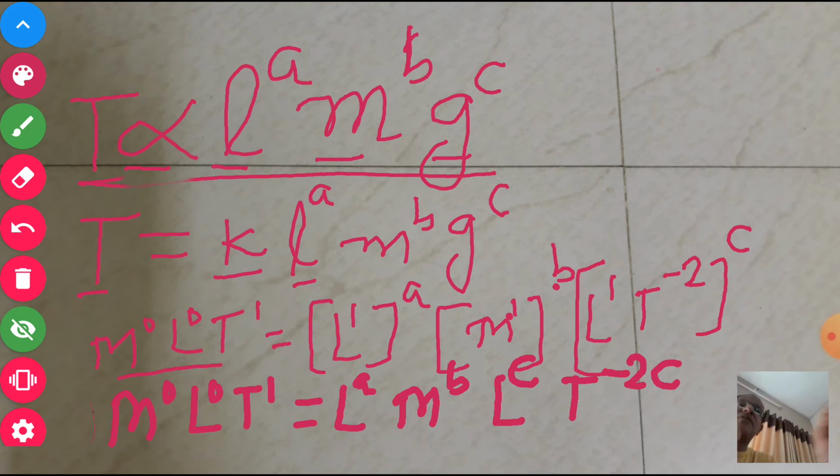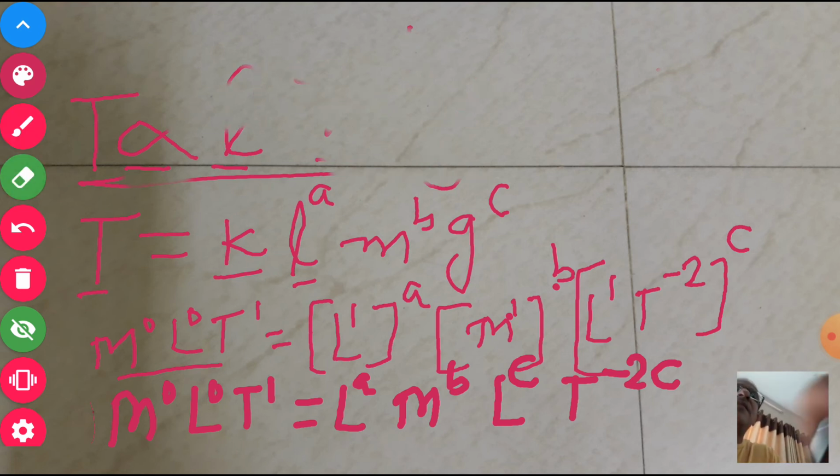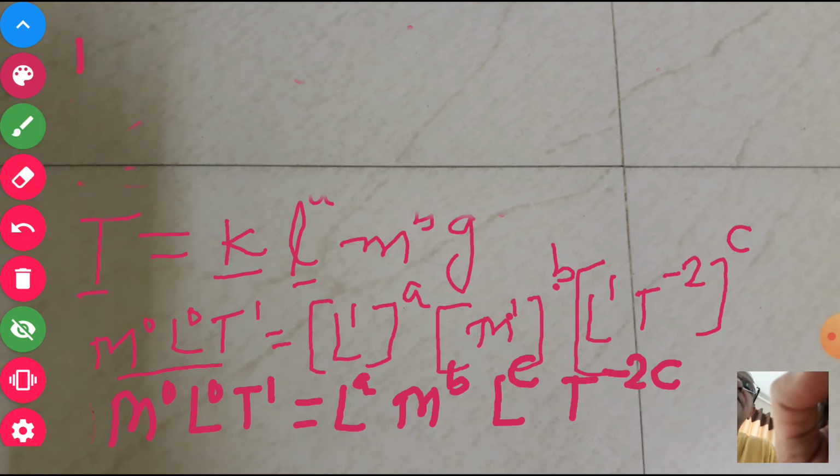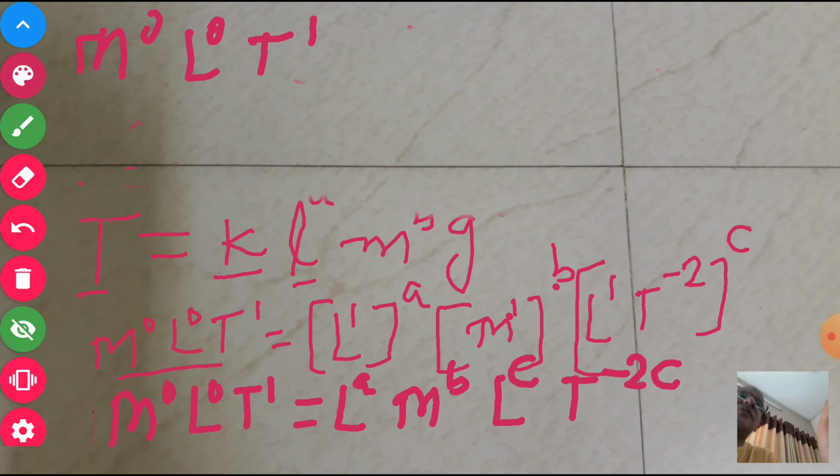Now we can easily simplify the powers. Try to understand this way. On the left hand side the things remain the same: M^0, L^0 and T^1.